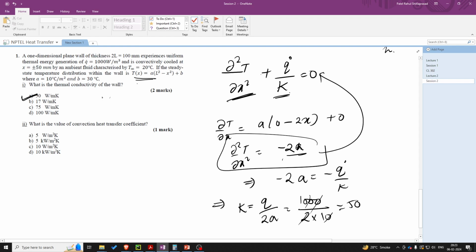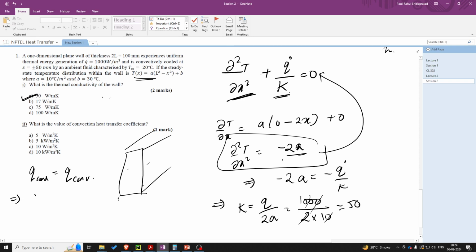So now in order to find the heat transfer coefficient, we saw that for the given block, at any given surface, we can just write the heat conduction is equal to heat convection. That is, Q conduction is equal to Q convection.